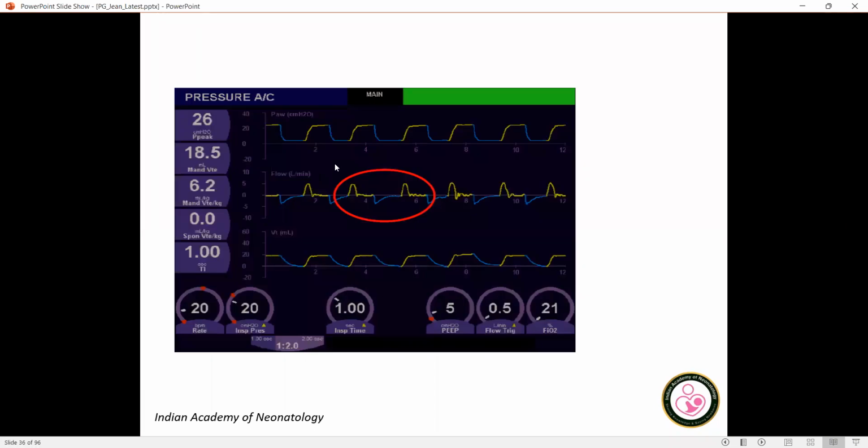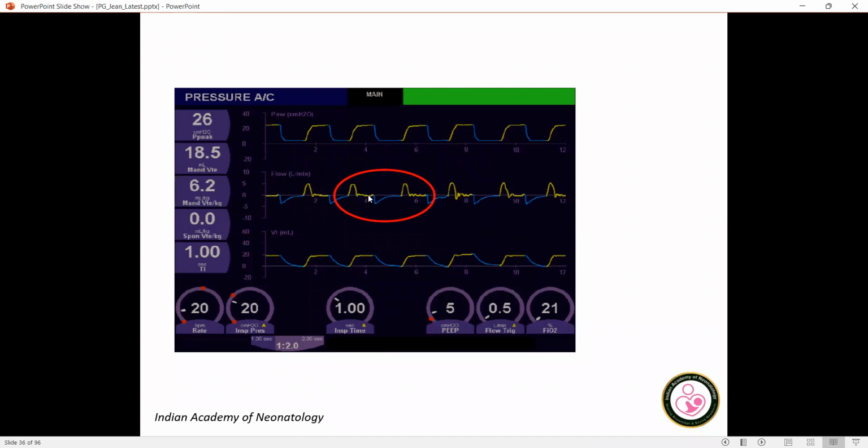Can you identify what is happening here? We already discussed the flow waveform, what is a normal waveform, and what is happening here. If you look at the waveform closely, we can see that the flow has already reached the zero flow state, but still the inspiration is continuing.